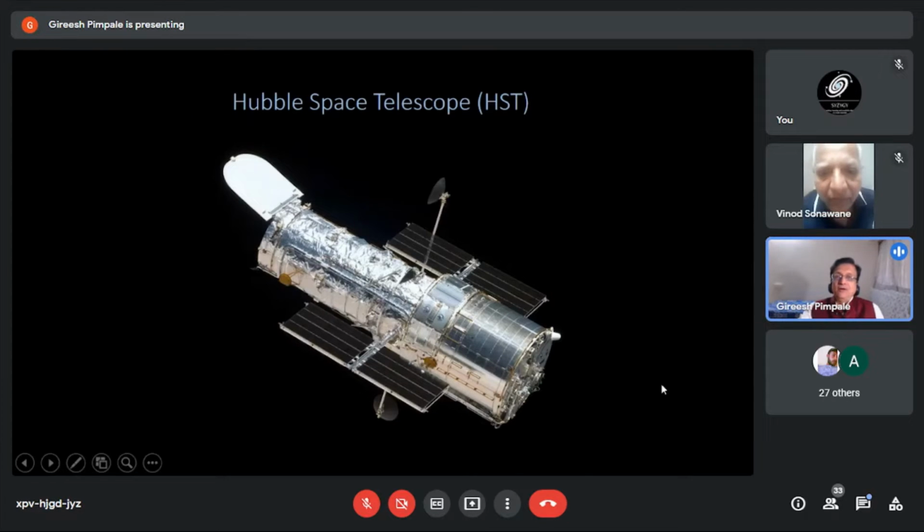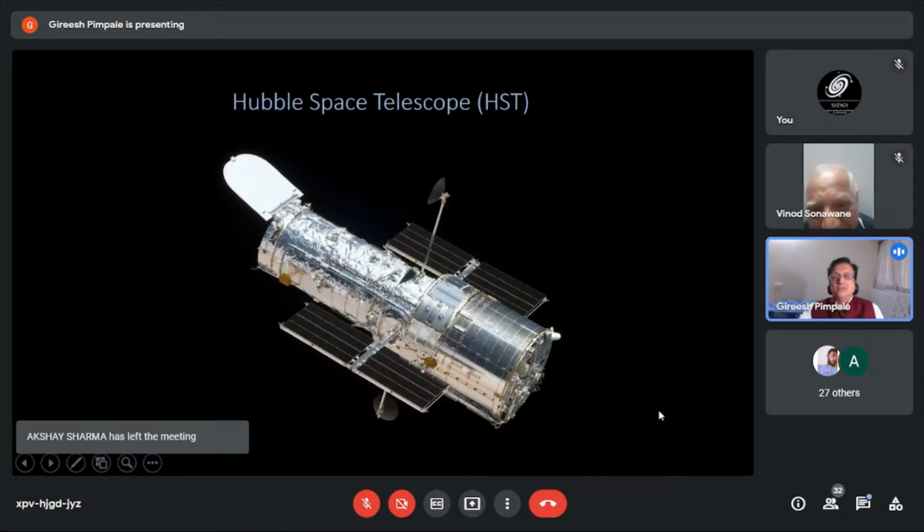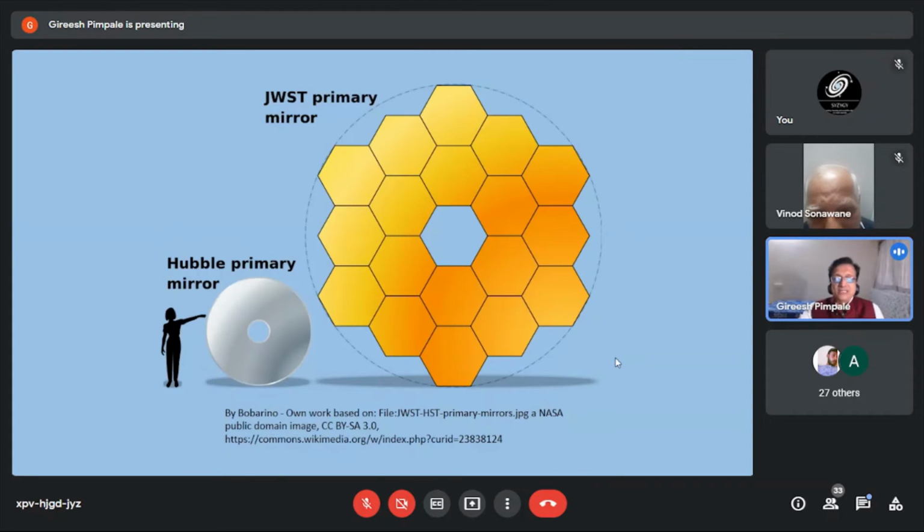This is the photograph of the Hubble Space Telescope, which has been in space for the last 32 years, and it has sent us such a huge amount of data that our knowledge of the universe has totally changed. But now we have a more powerful telescope in the form of JWST.